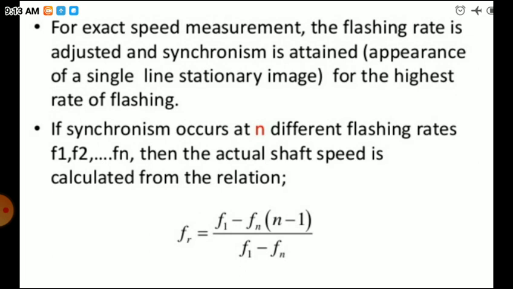So these flashing frequencies refer to the frequencies at which single line images are obtained. Now this is regarding the stroboscopic methods.